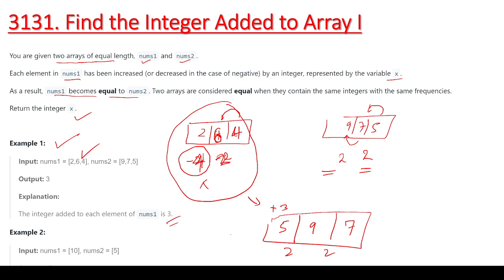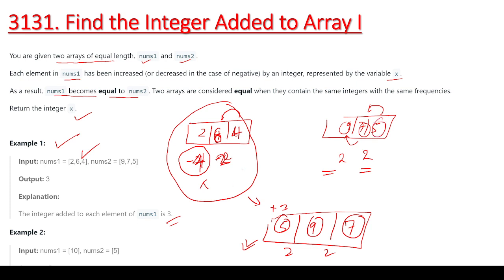We will add 3 to each element, and then the difference between the elements will become the same, meaning we can make the same integers. So we now have 5, 9 and 7, and all these elements are available in the other array too.